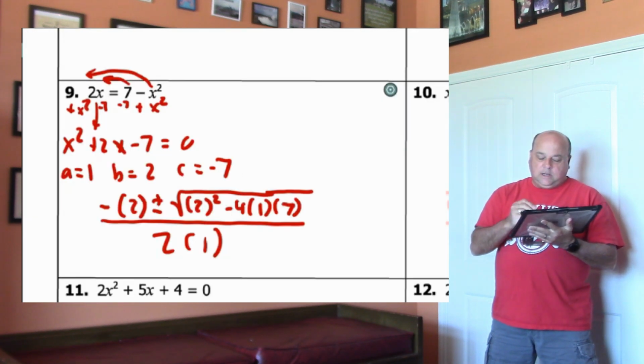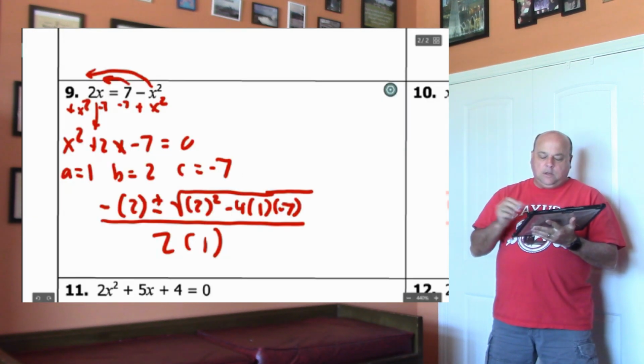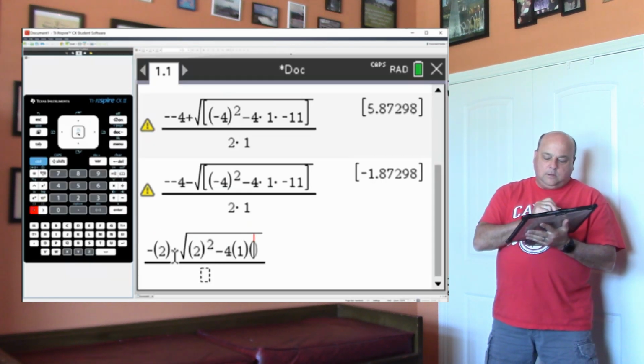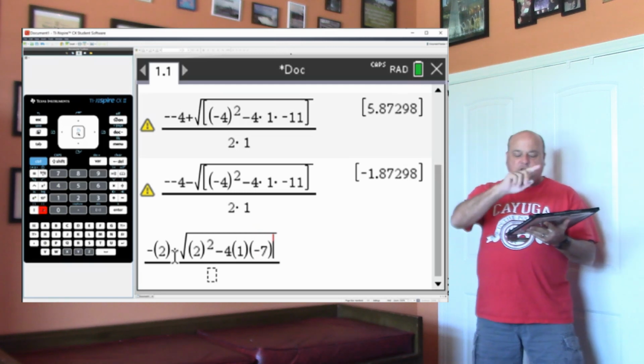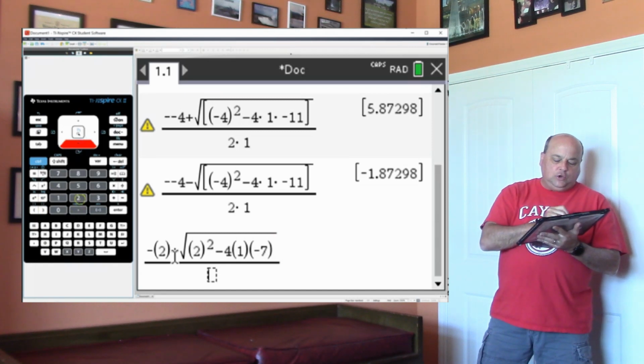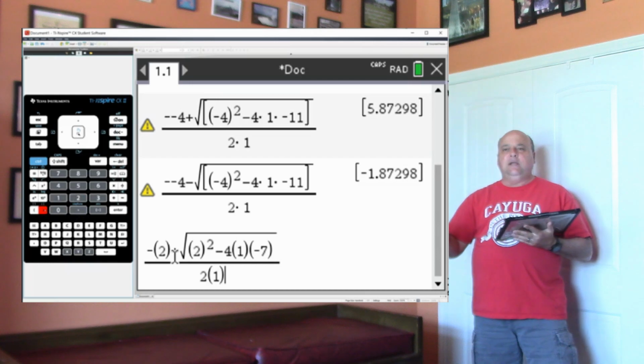This should be a negative 7 in here. So c is a negative 7. So parentheses, negative 7, close the parentheses. So I have the top typed in, hit the down button, and then it's 2 parentheses 1. So I have it all typed in, don't I?